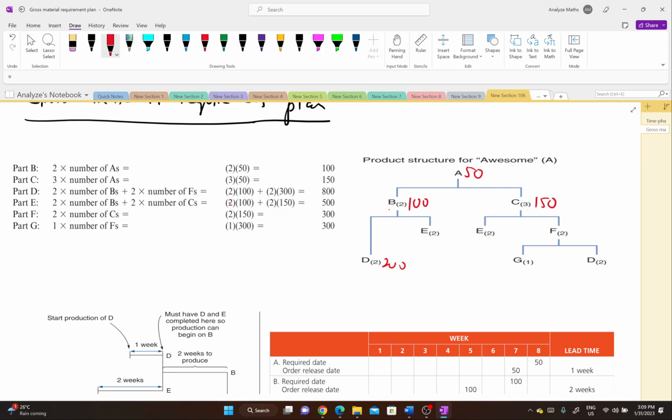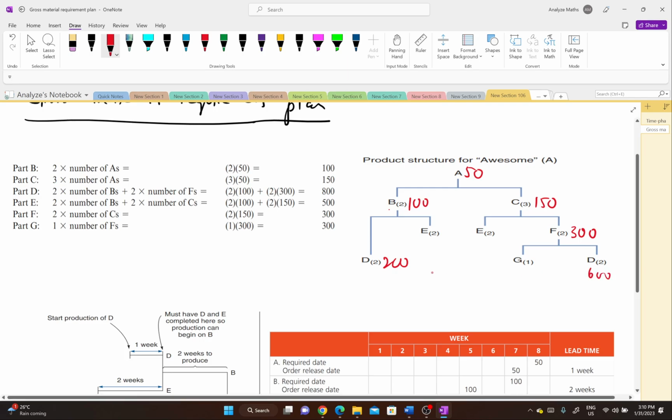And then there's another D here, in this case it is 200. And here F, for us to build up the F, you multiply by 2, you get 300 here. And then there's another D here. For you to develop the F, one F needs 2D, so you multiply again by 2, you get 600. So you add all together, you get 800.